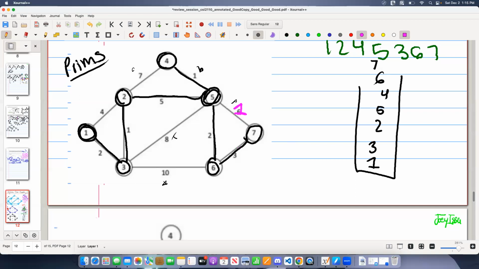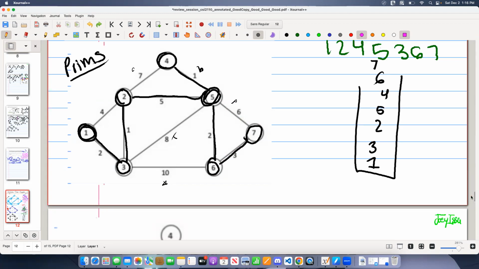I don't think Kareem would be too rough on which one you ordered first. But if I had 5 going here and this going down, in terms of the ordering, I don't think he's gonna be like, oh no, you didn't do this first, therefore -4. No, most likely he's gonna mark it correct. Any other questions before I move on?